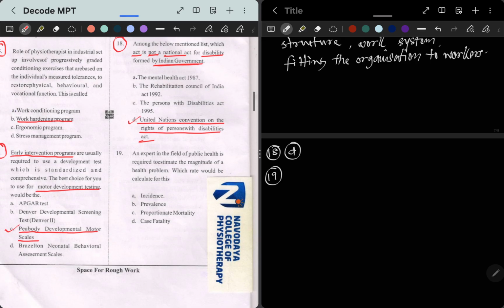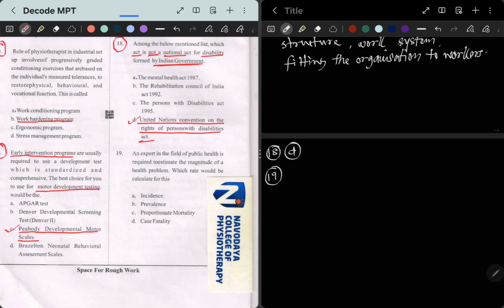Next one is number 19. An expert in the field of public health is required to estimate the magnitude of a health problem. Which rate would be calculated for this?